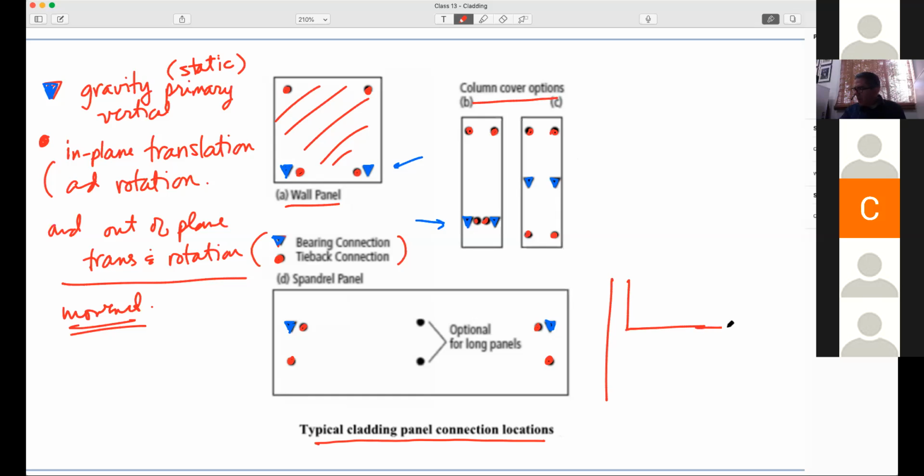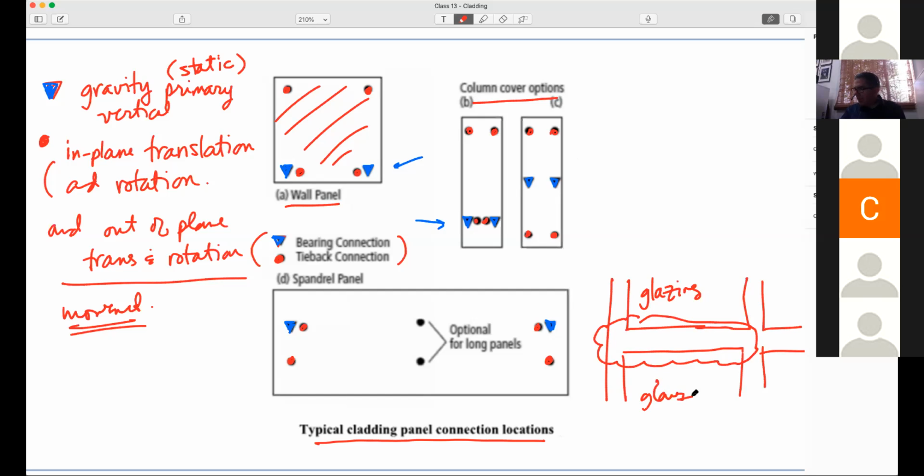So if you were looking at a frame, it would be something that would be sitting here, and then perhaps you would have glazing, some sort of glass above and below it. So that would be where that spandrel cover would come in.